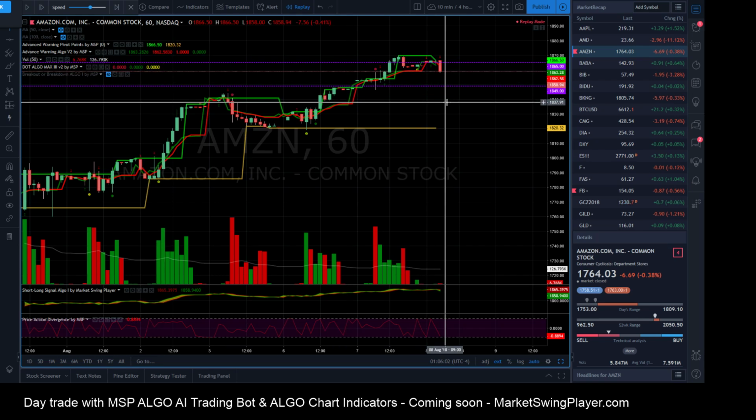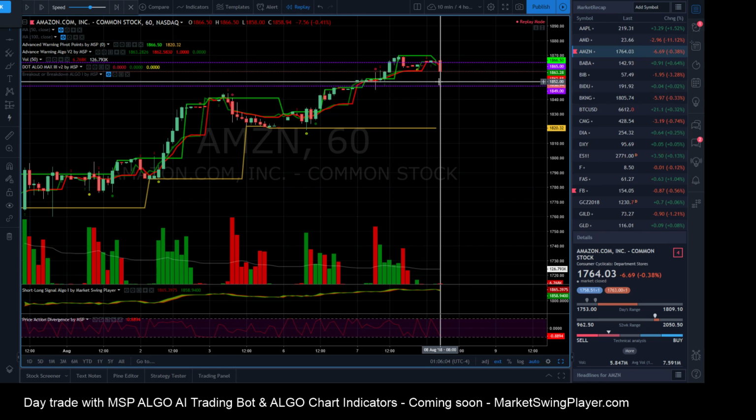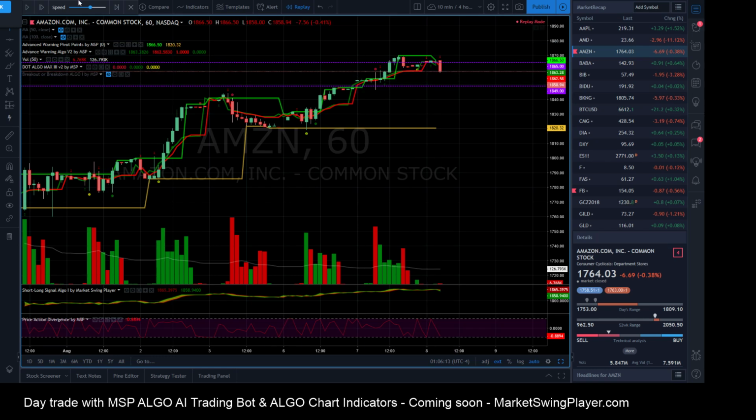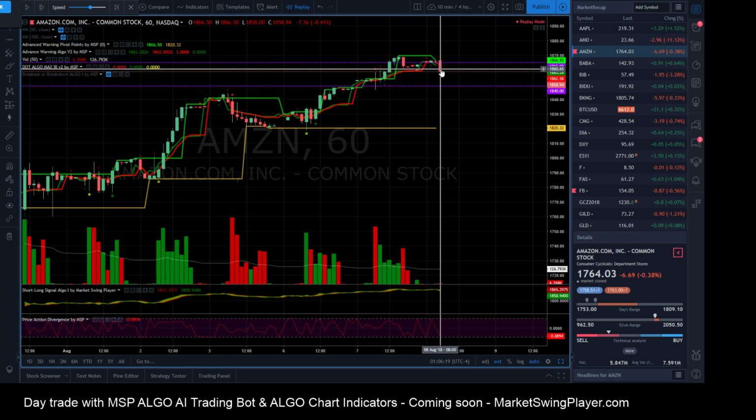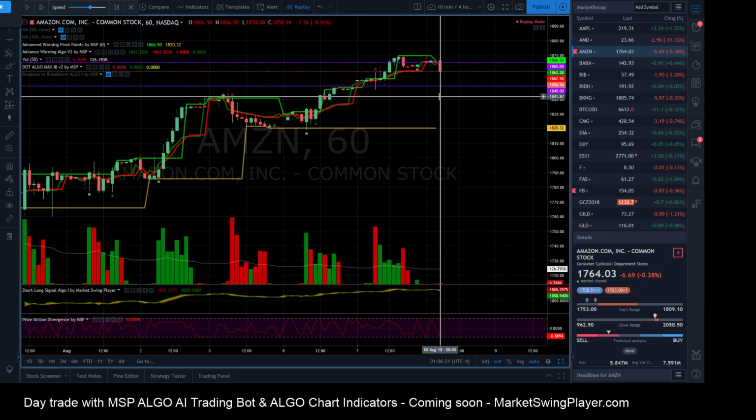So normally the cheat sheet comes out before the market open, about an hour before the market open, about 8:30. So we're looking at this hourly for now. So this is the 0800 candle here.